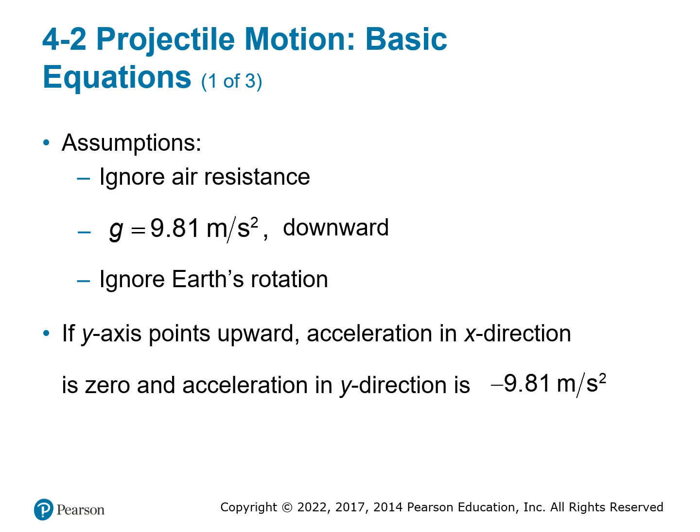So, if your y-axis is pointing upwards, then we can assume that the acceleration in the x direction is 0, and the acceleration in the y direction is negative g.